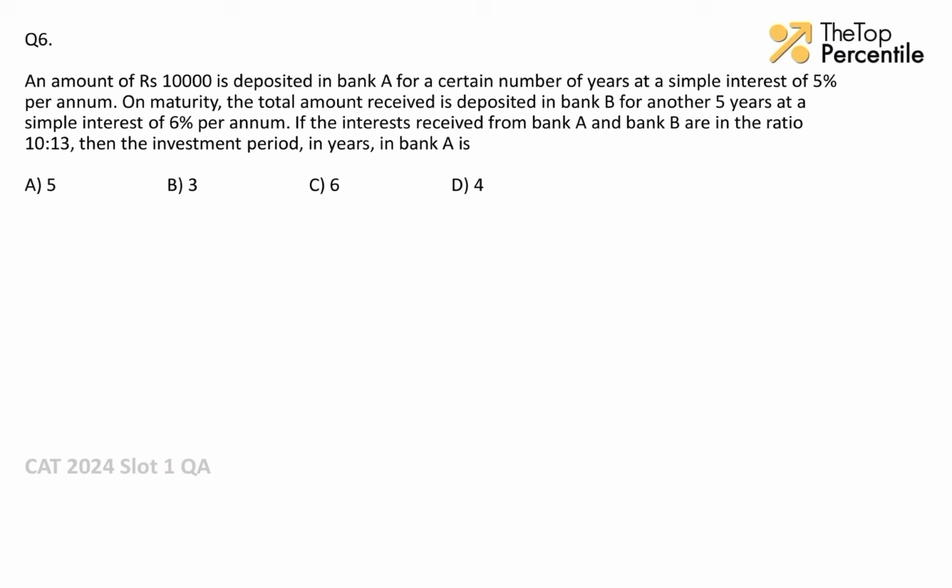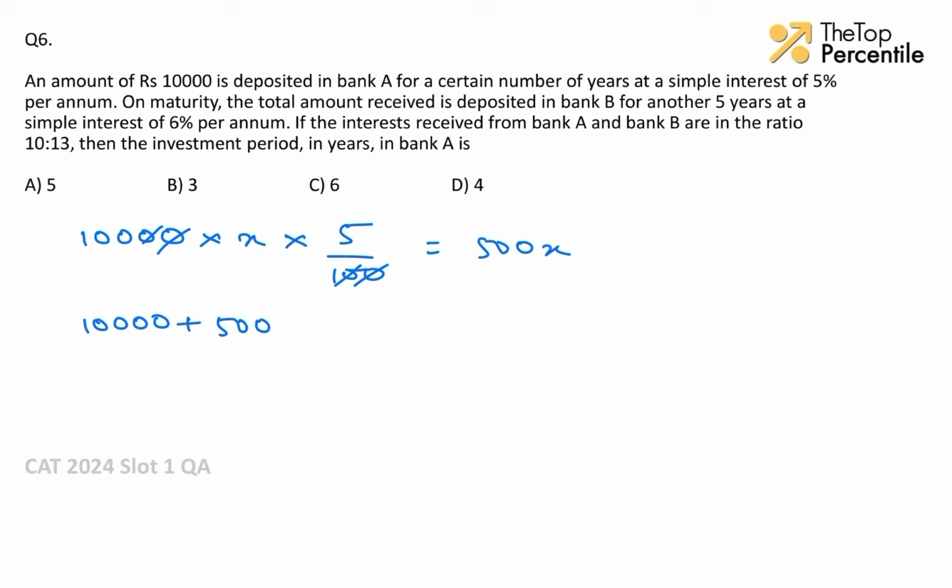Initially the amount 10,000 was kept for a certain number of years, let it be X, at 5%. So this will give me 500X. Now on maturity, the total amount is again deposited for yet another 5 years. So the total amount now will be 10,000 plus 500X.